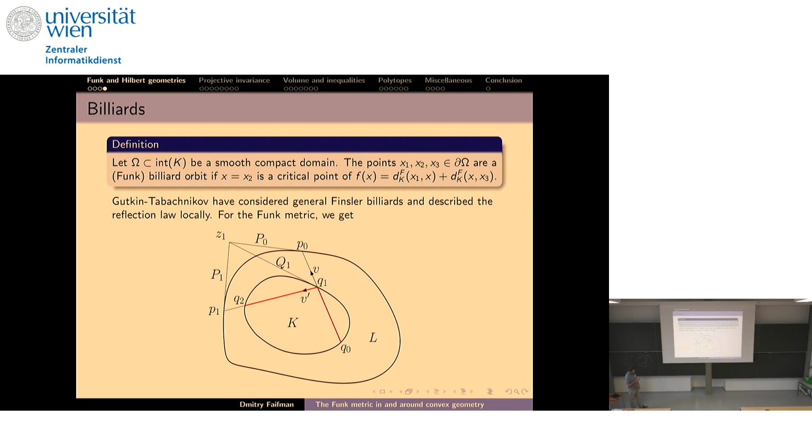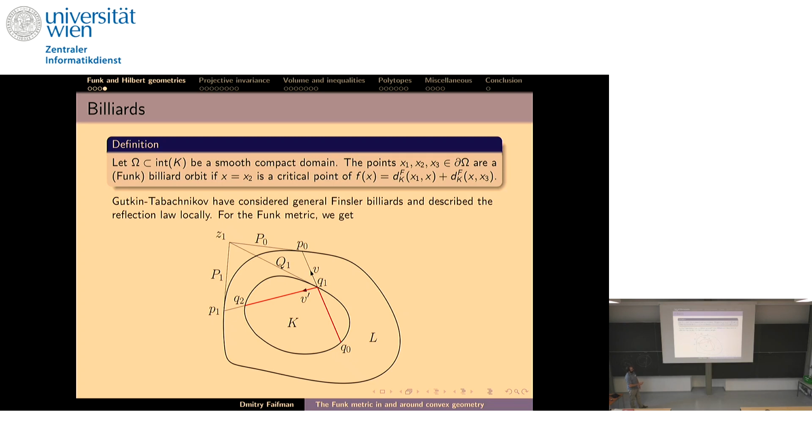So you start at Q0, and you're going in the direction of P0. So those are points at infinity. P0 is the direction, and you go and you hit at Q1. Well, what do you do? You draw tangent lines at Q1 and at P0, which intersect somewhere.